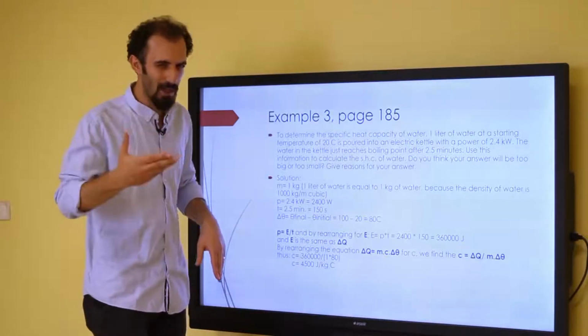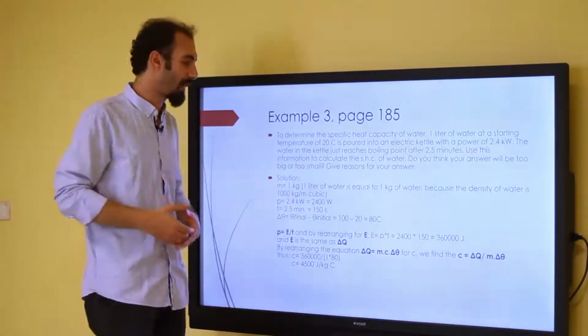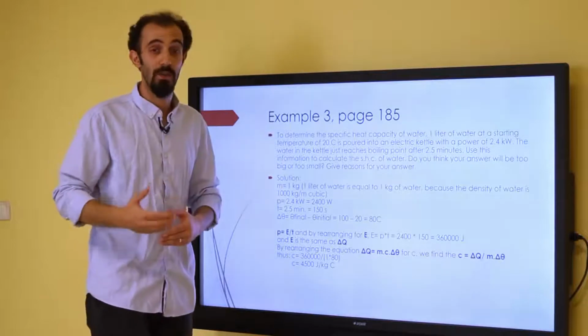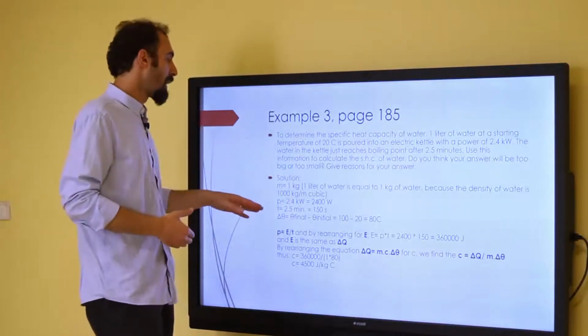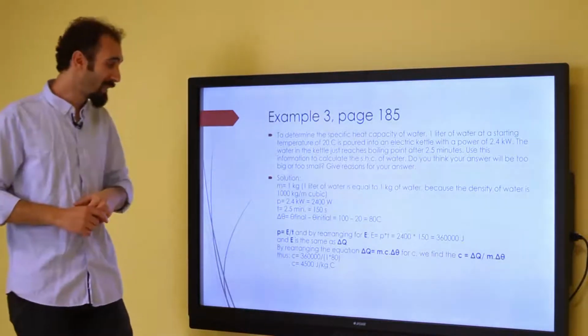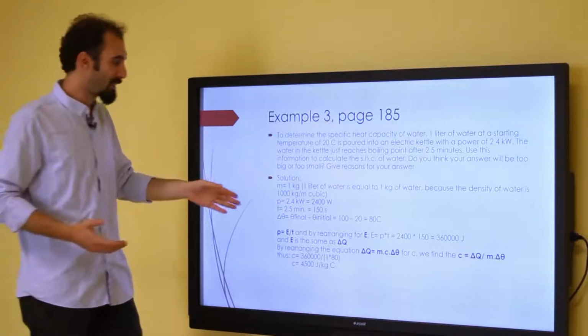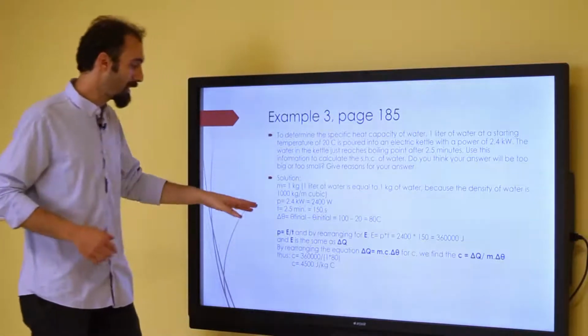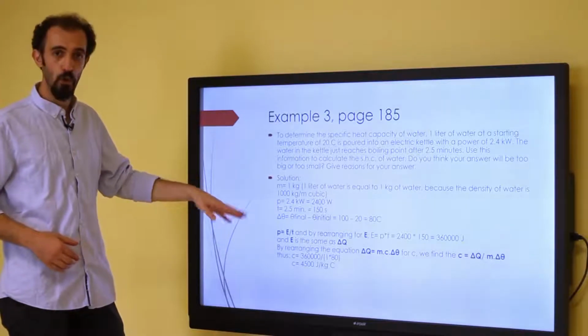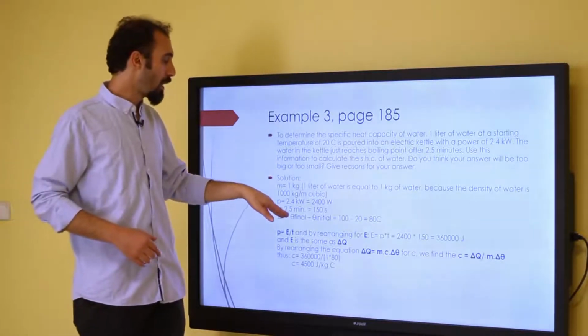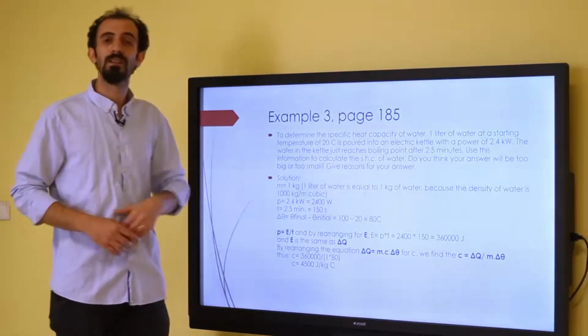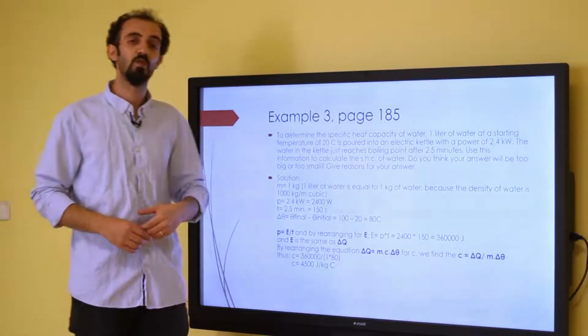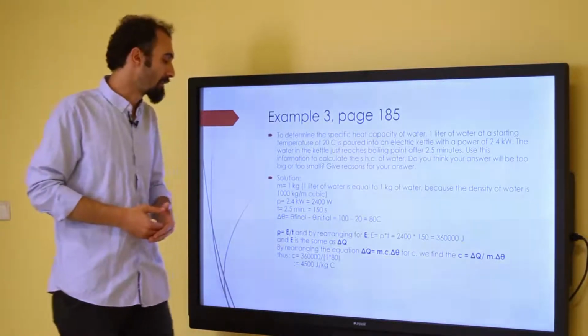I want it in watts, so I'll multiply by 1,000, which means the power is 2,400 watts. The time was 2.5 minutes. In seconds, that's 150 seconds. And the difference in temperature, or delta theta, is equal to final temperature minus the initial temperature, which is 100 minus 20 equals 80 Celsius.